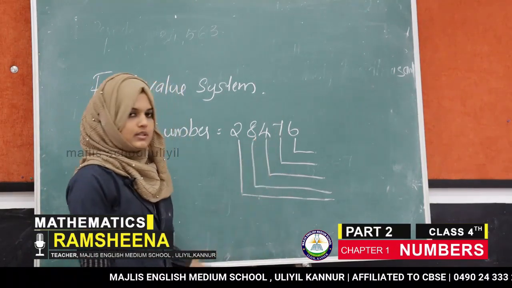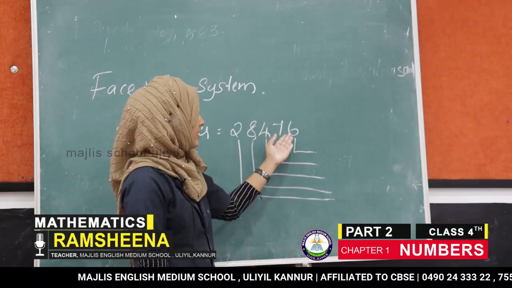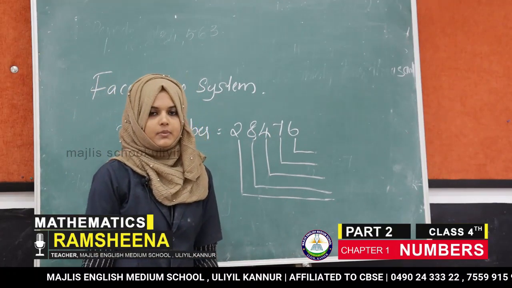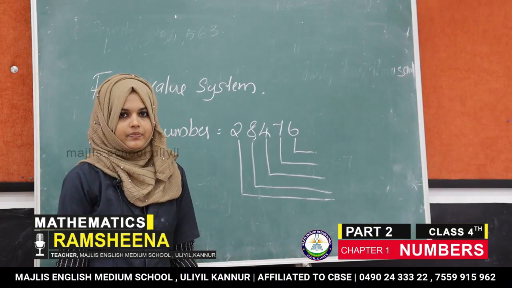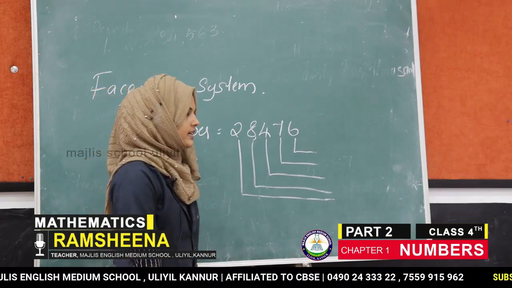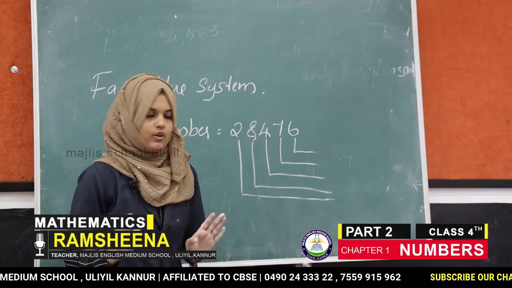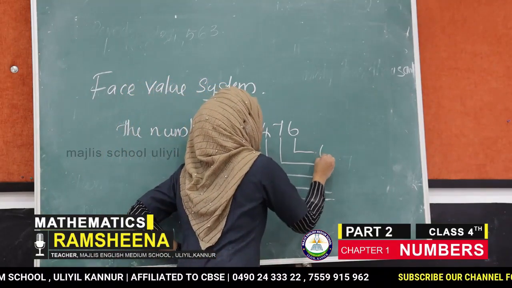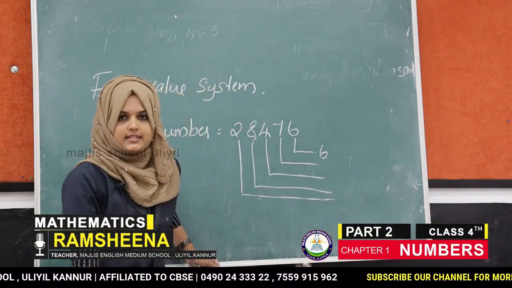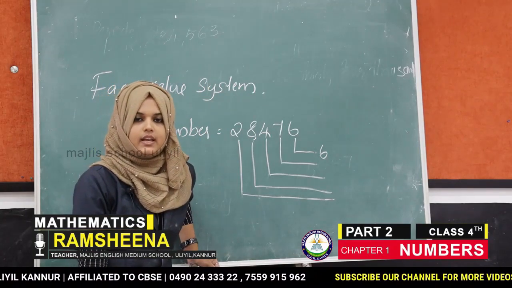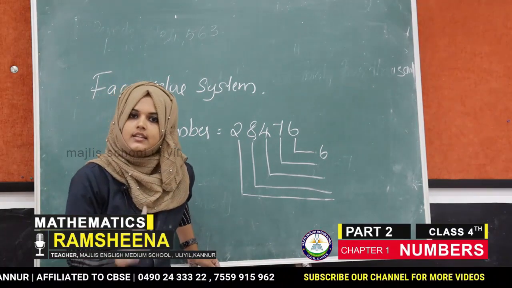So look at this first one, the ones place. Which number stands in ones place? The number 6 stands in ones place. So the number has no change. So the face value of 6 is 6.